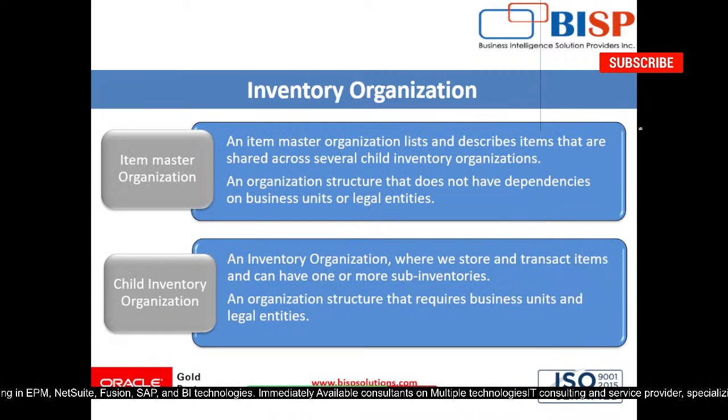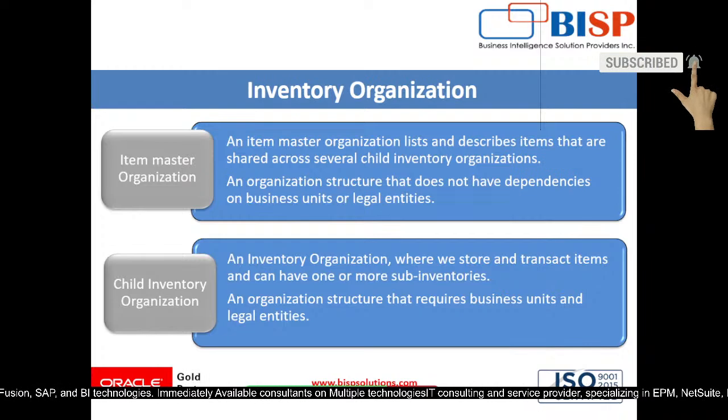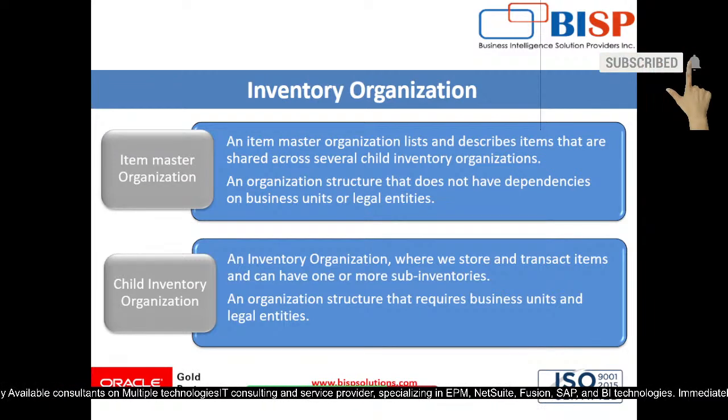So the item master organization contains a list of items, and you can describe the item so that we share it across the several child inventory organizations. So you can define the item in the item master organization, right?